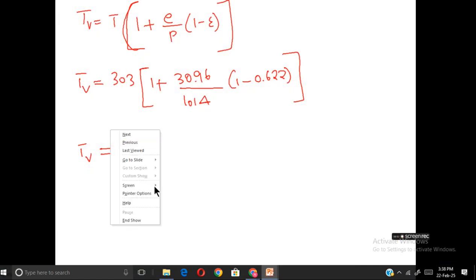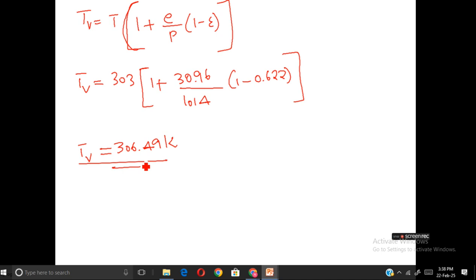Try to solve the equation. I am getting a value of around 306.49 Kelvin. Just check and let me know if you are also getting the same value.